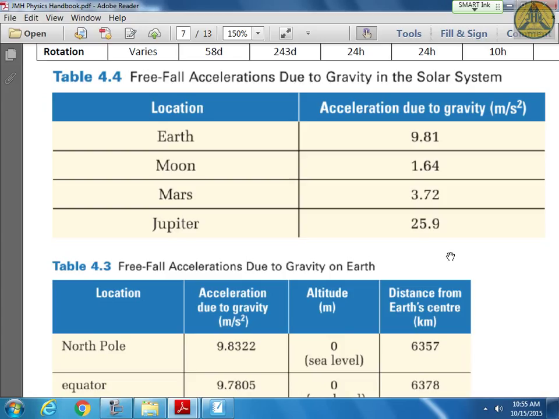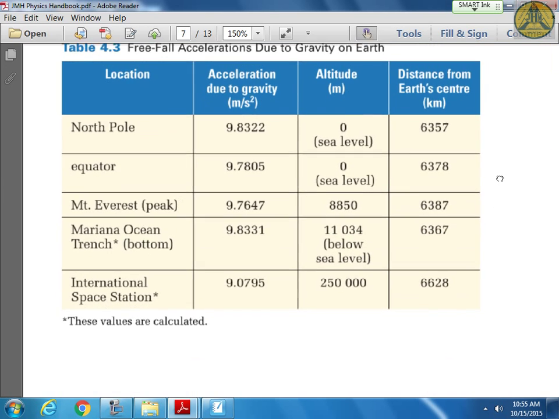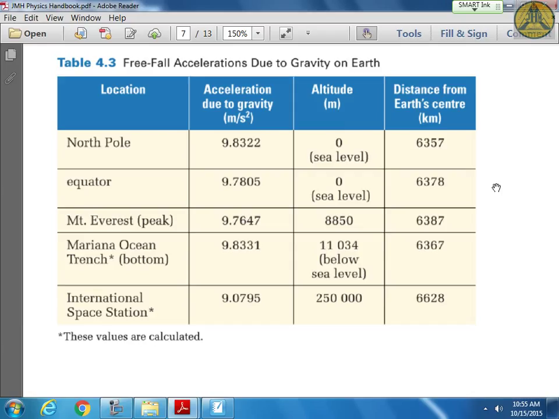So it's just a little bit higher than our average. So it's 9.8322. The equator, because it's bulged out and you're a little bit farther from the center of the Earth, your acceleration of gravity is 9.78. So if you travel from here to the equator, with a little bit of a calculation, you will weigh less on the equator.